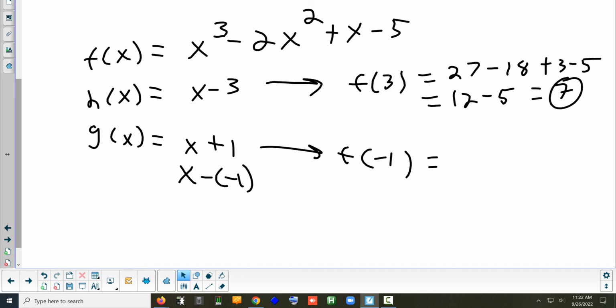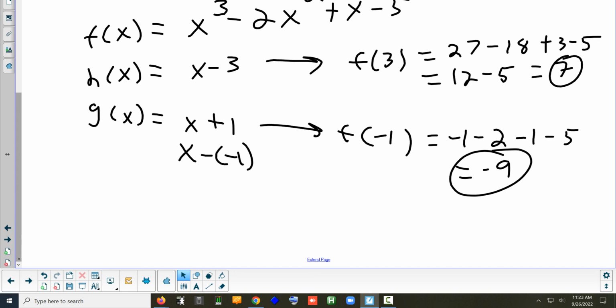Negative 1 cubed is, what is it? Negative 1 minus, what's negative 1 squared, times 2, plus negative 1, so just minus 1 minus 5. Negative 1 minus 2, minus 1 minus 5. So what does that tell you about g of x? It's not a factor. So finding a remainder is very useful to quickly determine if something is a factor. Any questions on that?